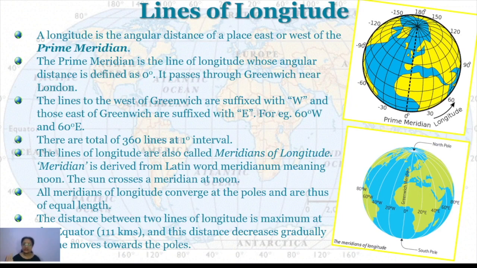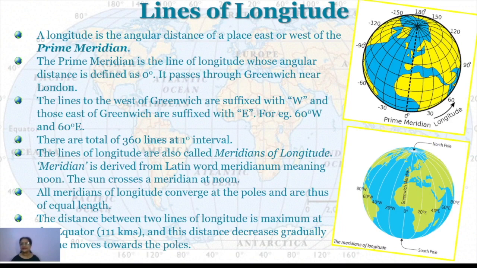It means that different places joined by one longitude, all those places lying on that longitude, will experience midday or noon time at the same moment. That is why that longitude is also termed a meridian, which has the same midday.